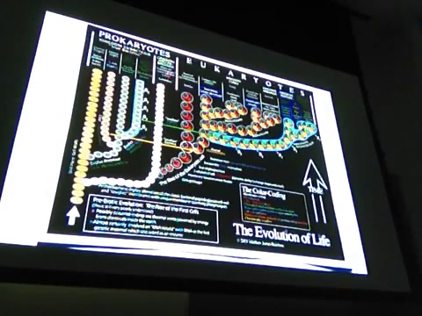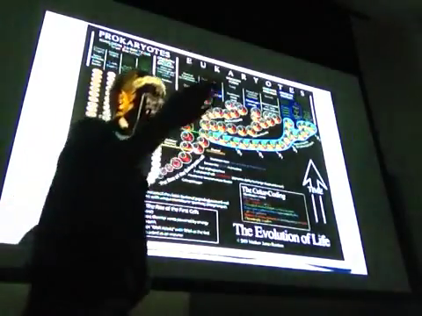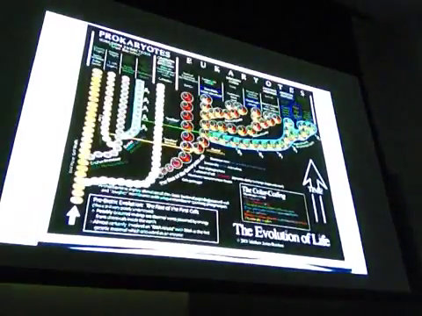Archaebacteria, right there. Very remarkable types of prokaryotes that are so different from these that they're in their own domain, which is the highest taxonomic level in biology. And we'll talk about these in a minute.